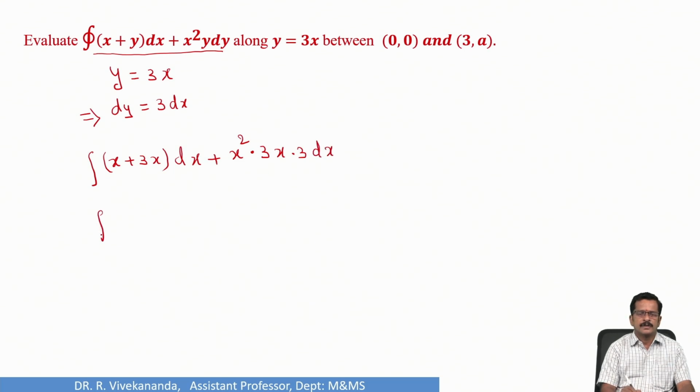So now x plus 3x is 4x, plus x square into 3x into 3 is 9x cube on multiplication. That you write under a single dx. Now I have reduced the integrand of two variables into an integrand of a single variable x.